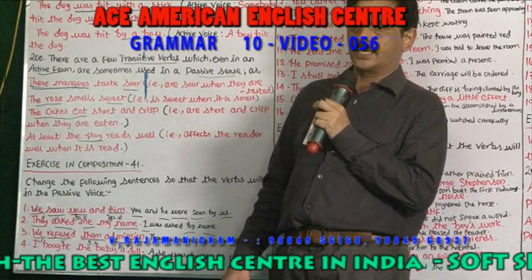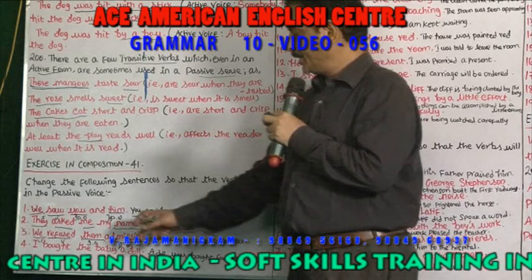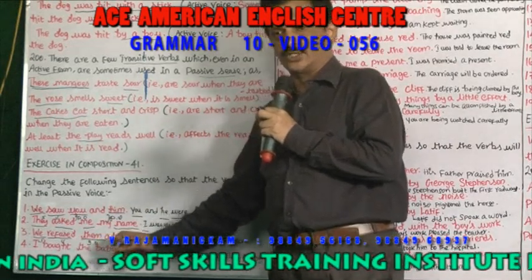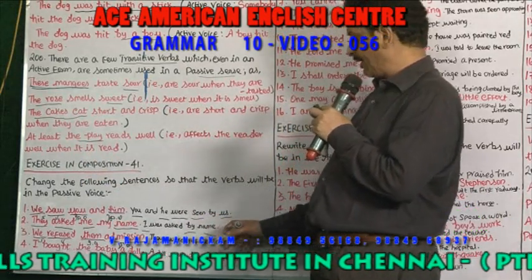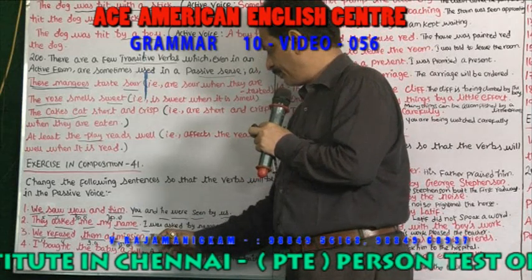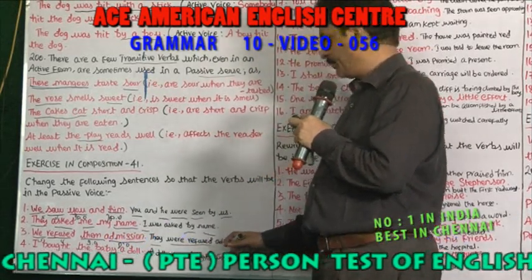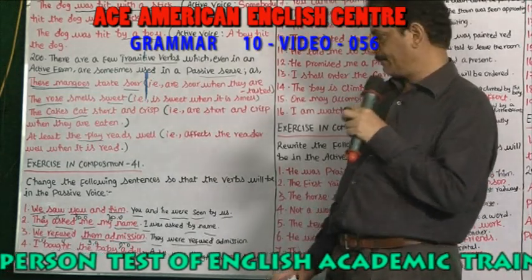Admission. So admission becomes the direct object. So how do you change? The indirect object is the person here, it is not the thing. You have to bring the indirect object first. They were refused admission. So them changes into they. Why do you use were? Because refused is in past tense.